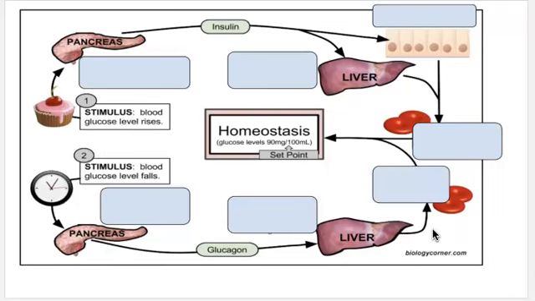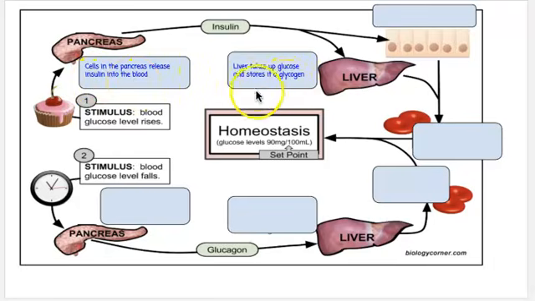Let's now talk about our next example of another negative feedback loop in blood sugar regulation. So your body wants to keep your blood glucose levels stable. When your blood sugar rises, like after you eat, the cells in your pancreas release insulin into the blood.